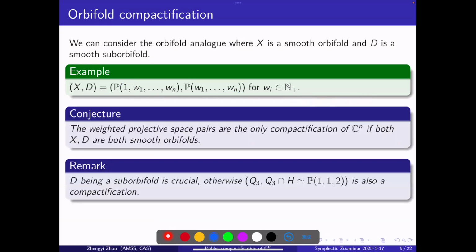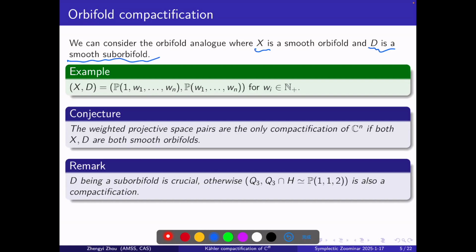And we conjecture this is all the compactifications if you consider (X, D) an orbifold and D a smooth suborbifold. We want to remark that in this setup, it is important that the orbifold singularity of D is inherited from X. That is what we mean by a suborbifold.